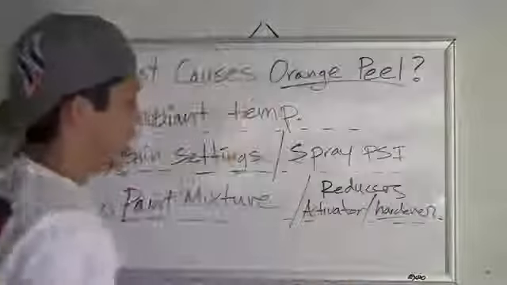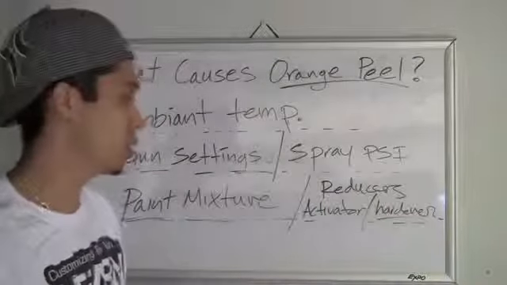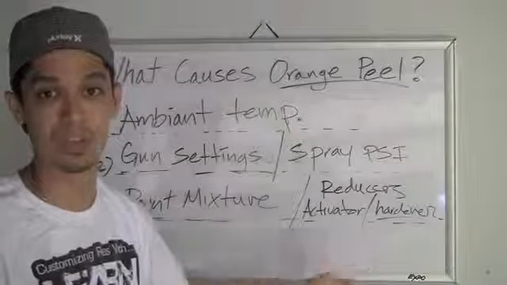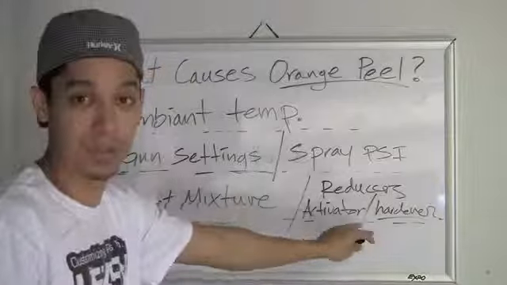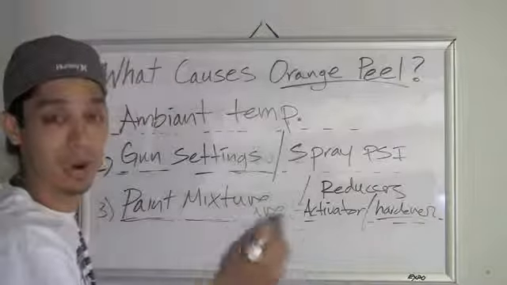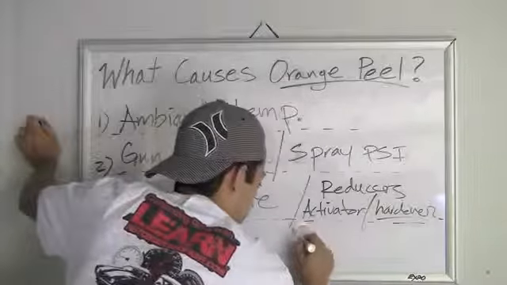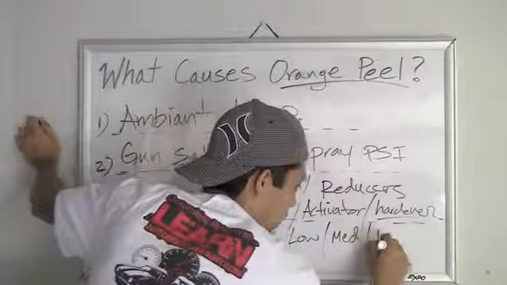I hope you can see that. Activator / hardener, it's the same thing. Some people call it hardener, some call it activator. And your reducers. When you buy reducers, activators and hardeners, there's going to be a low temp, a medium temp, and a fast.